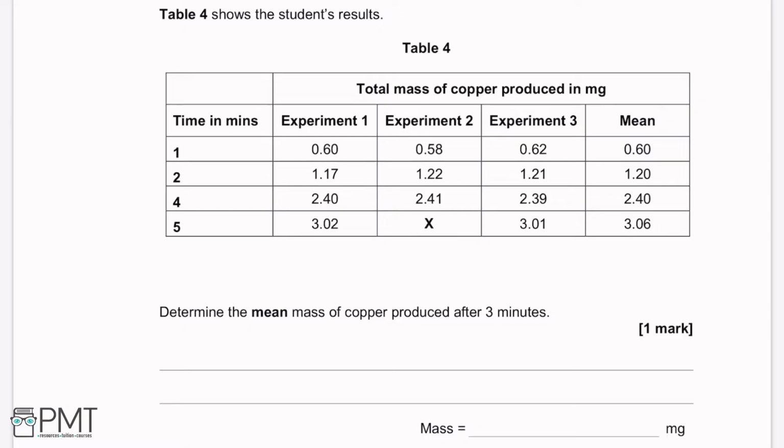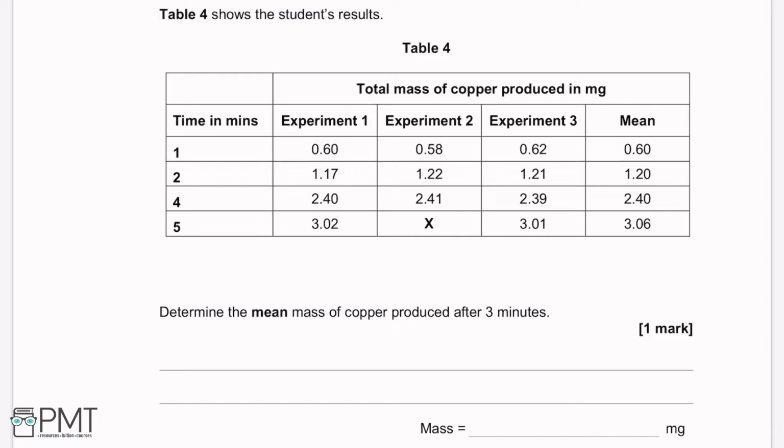Table 4 shows the students' results. So in Table 4, we can see the time in minutes. Notice that 3 is missing. We've got 1, 2, 4, and 5. And then we've got the total mass of copper produced in milligrams for experiment 1, 2, and 3. And then we calculate a mean.